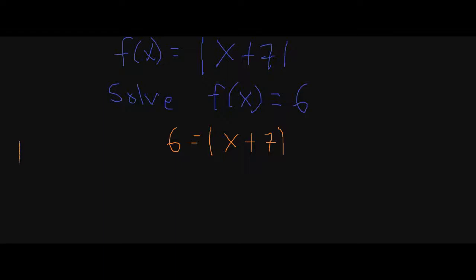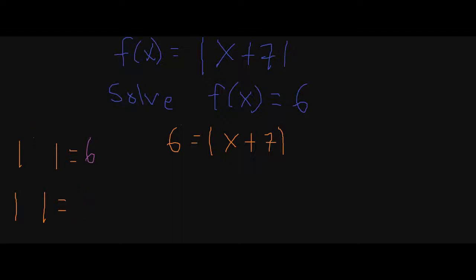I'm going to set this up over here. We want our answer to be 6. So the way that we're going to get that is this in here needs to simplify so that the absolute value of that number gives a 6. So the absolute value of what number is going to give us 6?